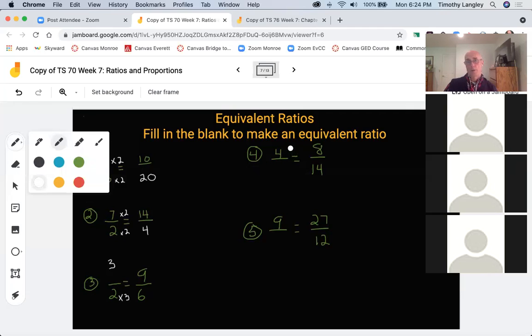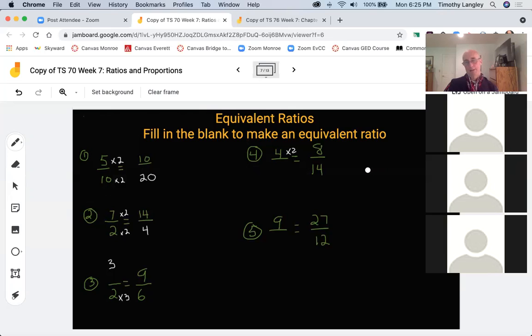4, I know that if I just multiply 4 times 2, I get 8. Well, 4 times 14, I'm just kind of thinking about this. I don't have anything to multiply by. If I do 4 times 2, gives me that. So if I cross multiply, I take my 14 and do it times 4.